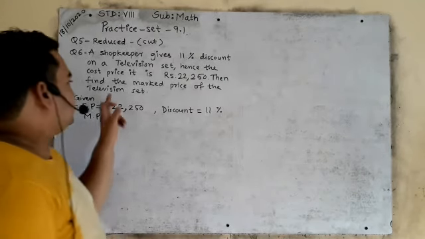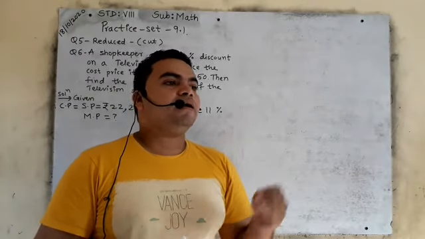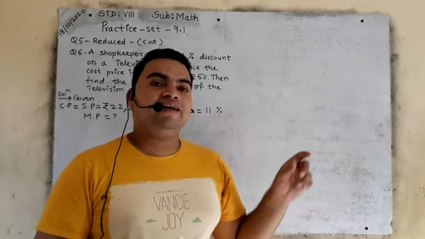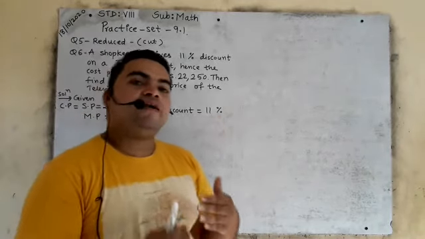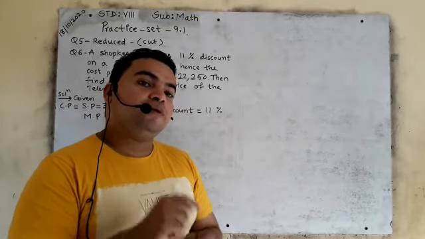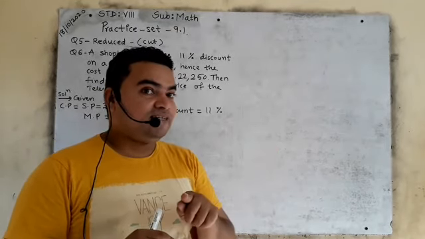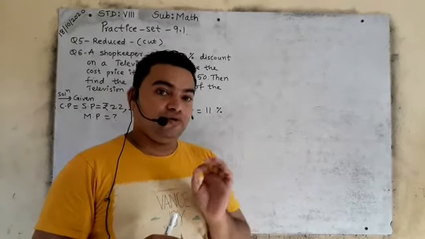So dear students, as we have to find the mark price, first we will consider let mark price be 100 rupees and then we have to find the discount. It is given in percentage. We will find out the discount in rupees. So we find the discount in rupees on mark price only, right?